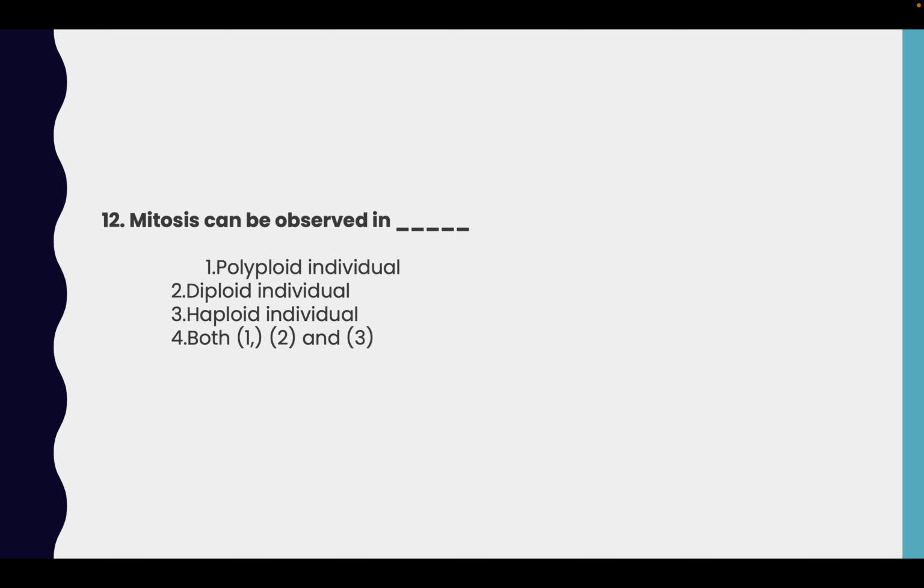Only the sex cells, right? Not haploid individuals I am talking about, sex cells are the only cells which divide by meiosis. Okay. So option 4 is the correct answer here.